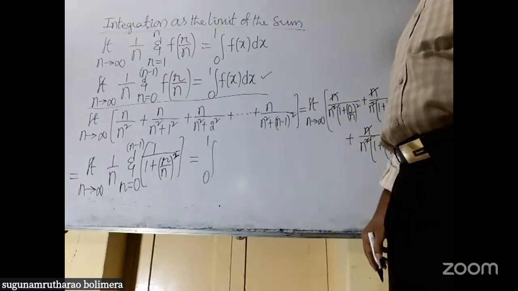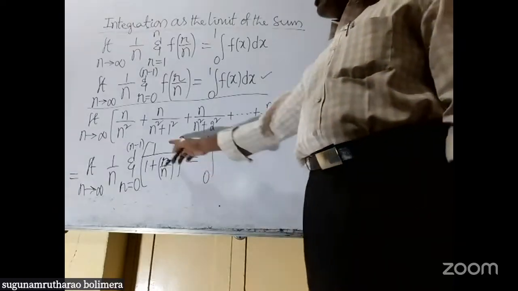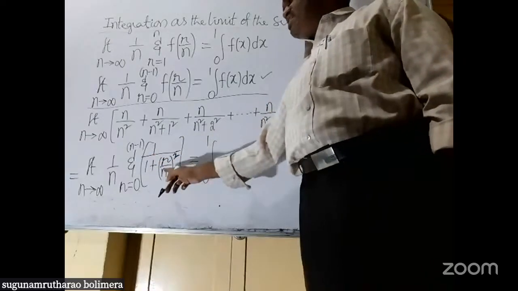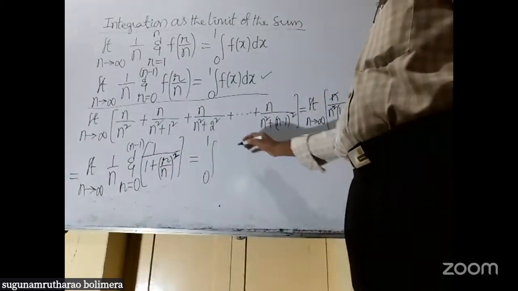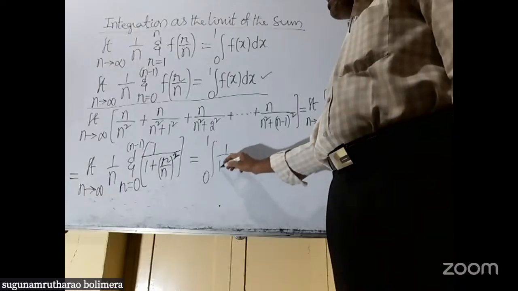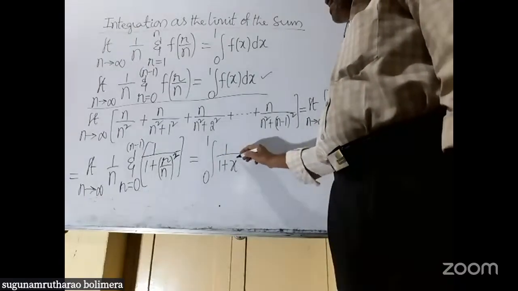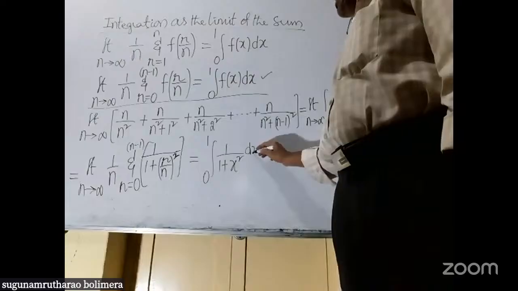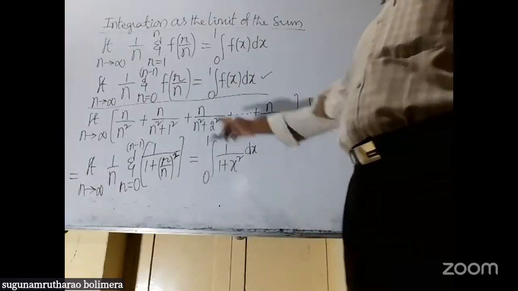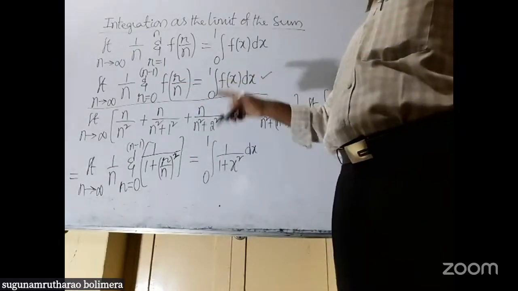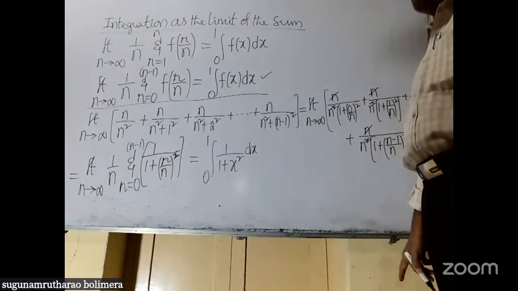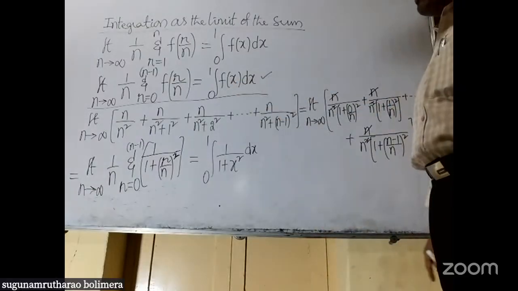The function is 1 by 1 plus x squared, where r by n is written as x, and 1 by n as dx.